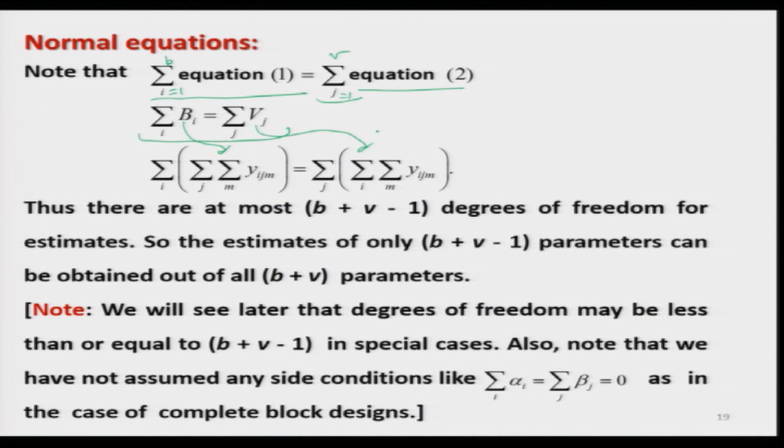So the quantity on the left hand side is the triple summation y_ijm, and the quantity on the right hand side is also the triple summation y_ijm, that is the grand total, the sum of all the observations.